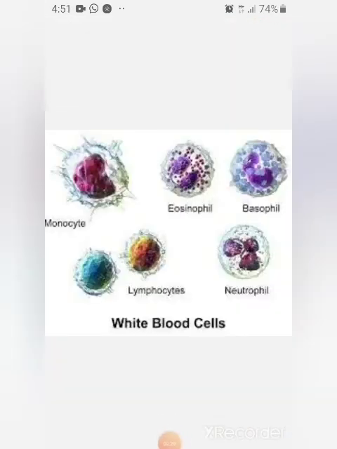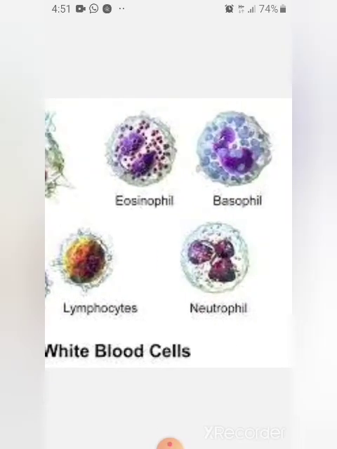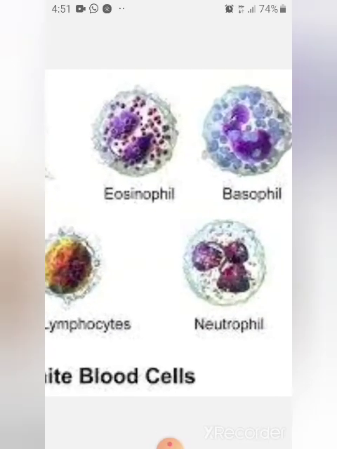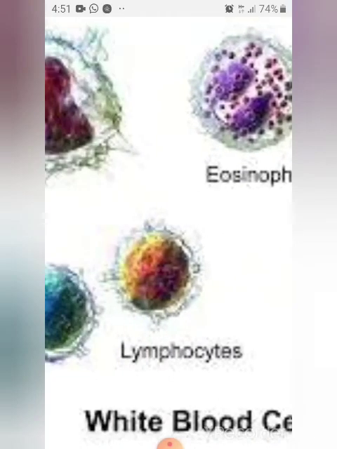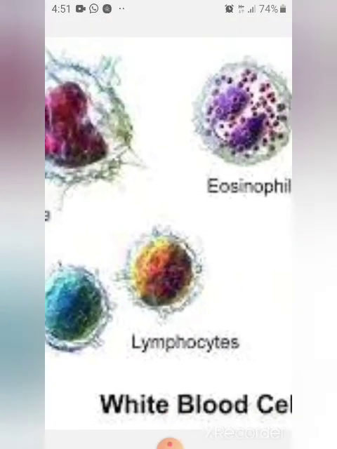These are the different types of white blood cells: monocyte, eosinophil, basophil, neutrophil, and lymphocyte.